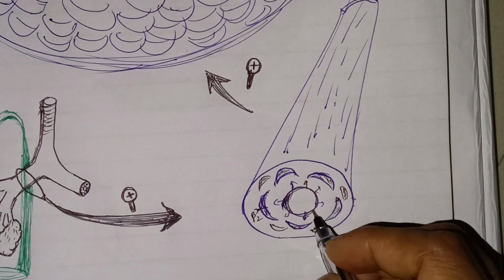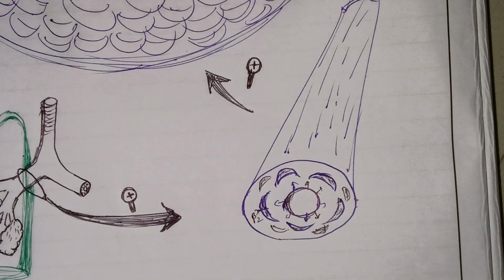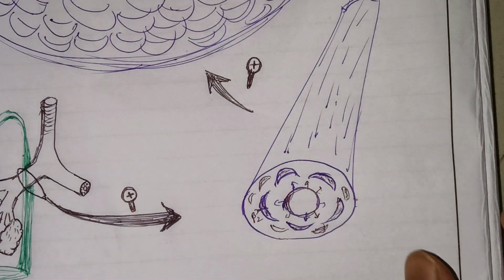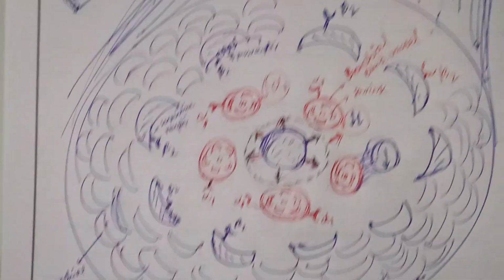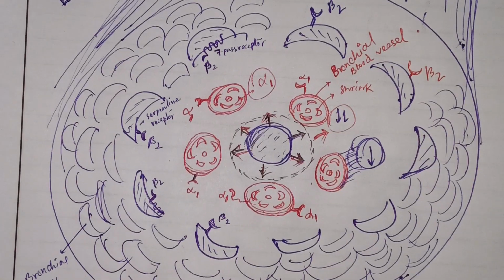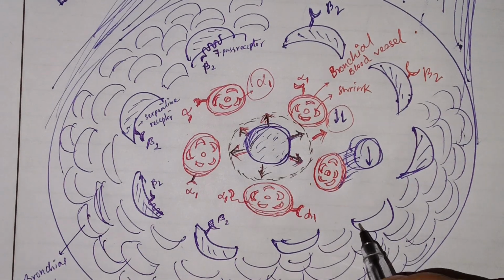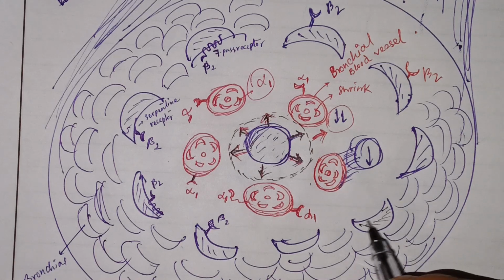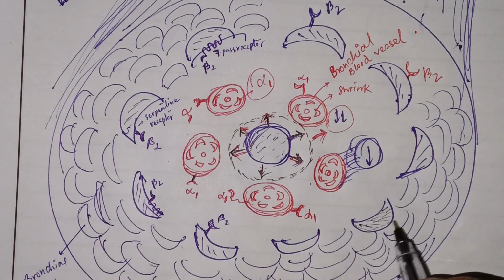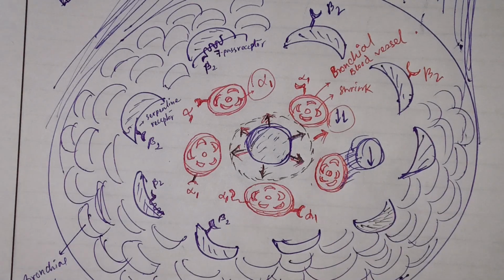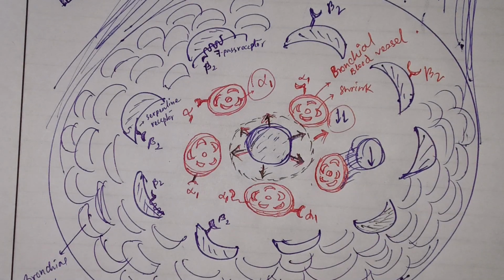Now what about the blood vessels present inside the bronchiole? If we look more deeply, we will see there are many blood vessels present. The bronchial smooth muscle will get relaxed, but these bronchial blood vessels will get constricted.